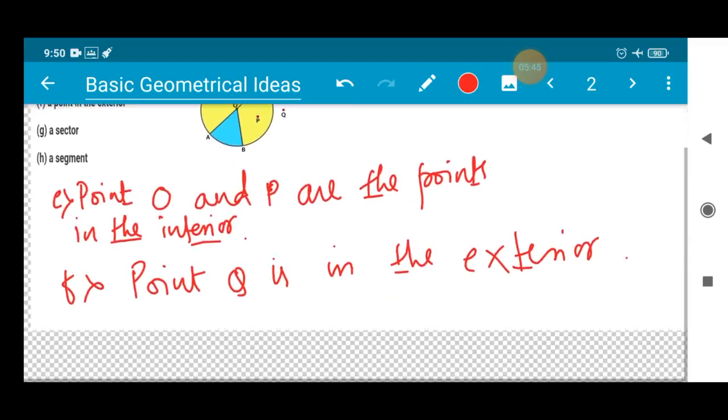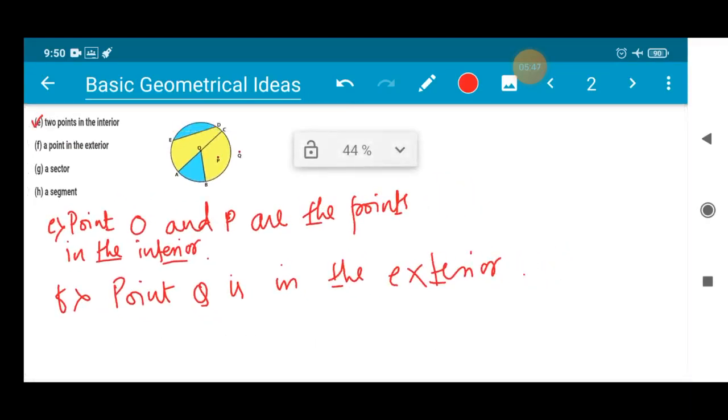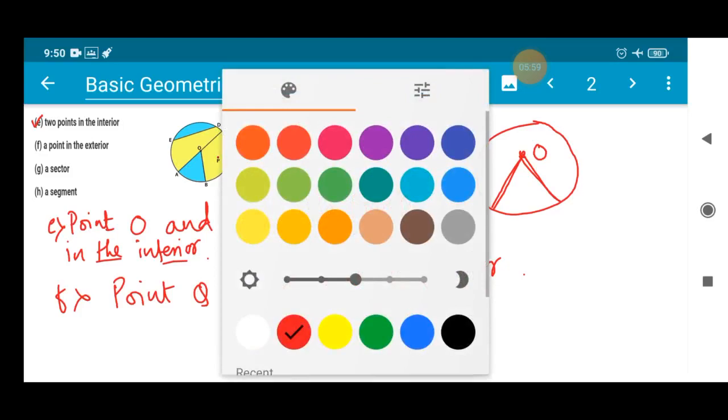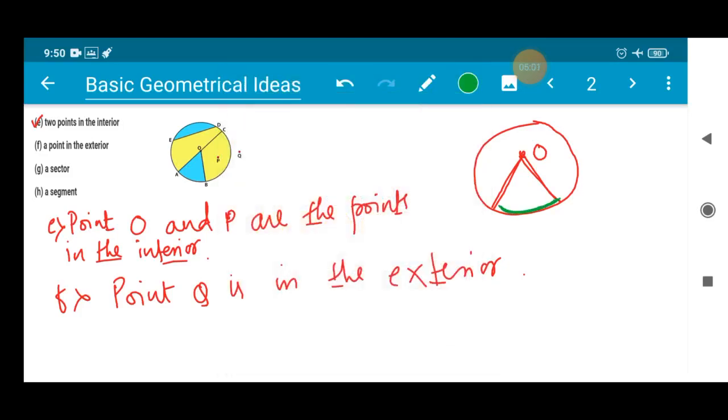Next, a sector. Whenever the word sector comes, remember the pizza, remember the cake. When you cut it, the combination of two radii and an arc will be considered as a sector. So a triangular piece of a pizza.